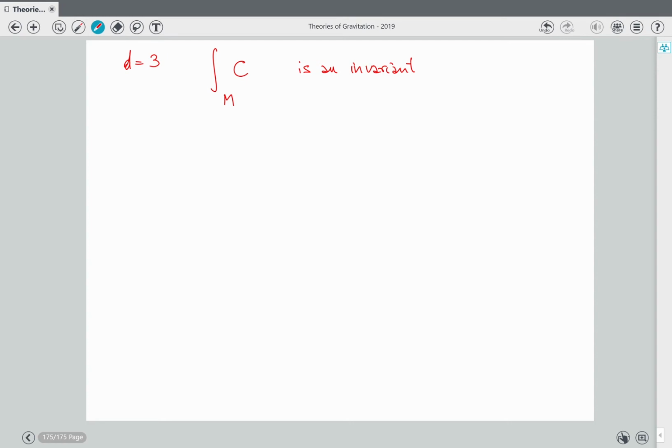Invariant under Lorentz transformations and diffeomorphism. Diffeomorphisms because it is a form, Lorentz transformations because it works like that. It's a little bit long to check in the case of gravity, and since it's not very important for this course, we will check it in the case of electromagnetism, where it is easy.